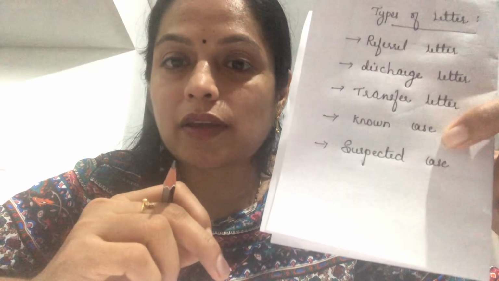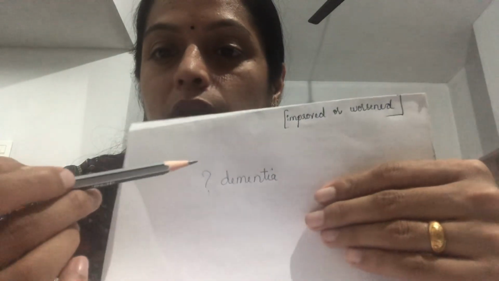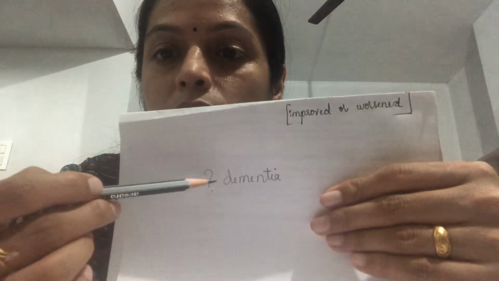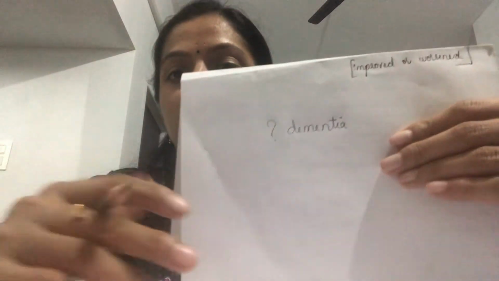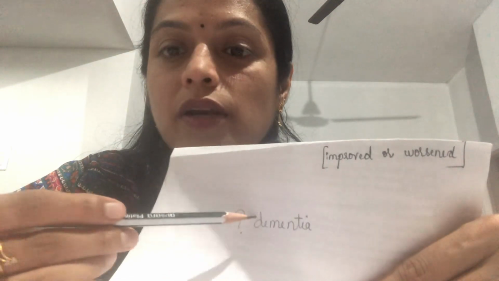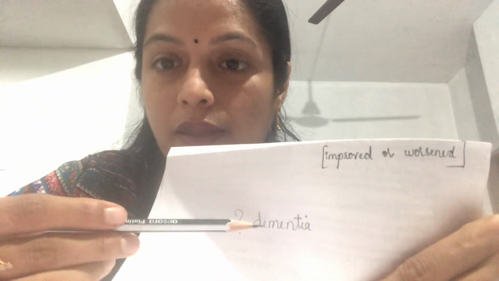Okay, next comes the suspected case. How can you decide whether it is a suspected case or not? In the case note, they will be mentioning a question mark, query, question mark, dementia. That means they are suspecting, not yet confirmed.